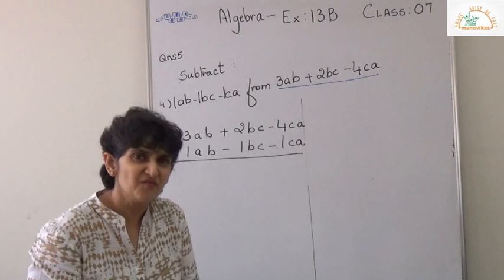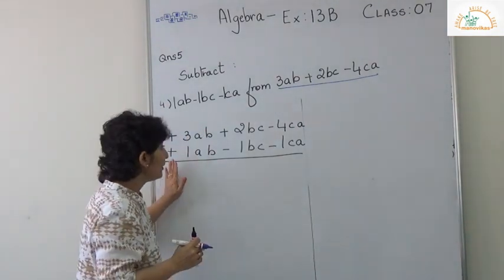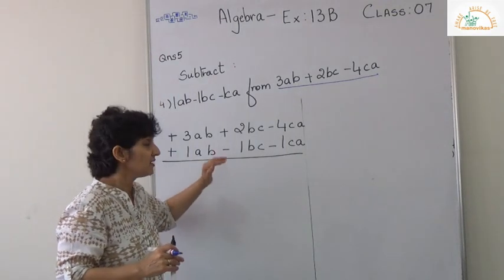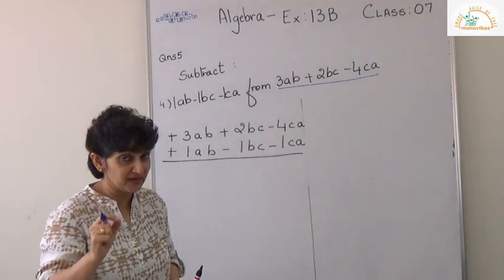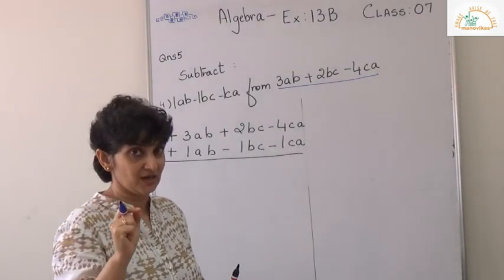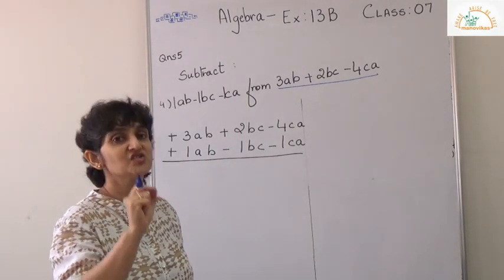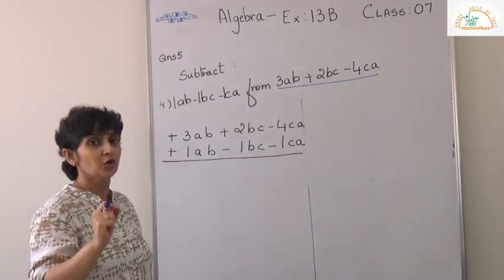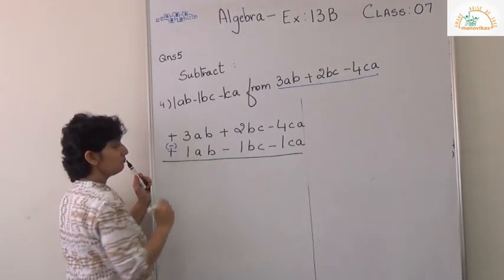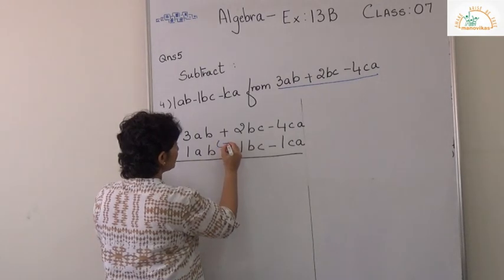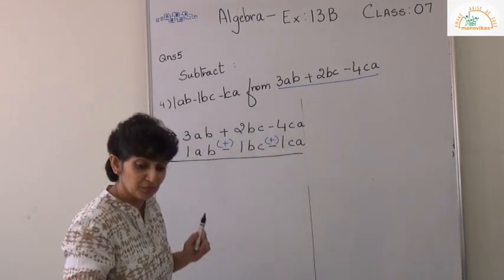In algebra, whenever you are asked to subtract, children, we always change the signs of the lower number. I repeat, whenever in algebra you are asked to subtract, you will change the signs of the lower number. So plus becomes minus, minus becomes plus, and minus here becomes plus.